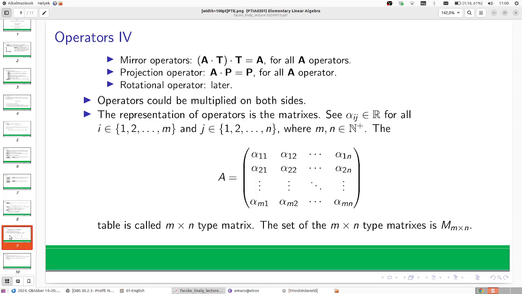Here m and n are 3 and 3, so it's a cubic matrix. That's quite simple stuff. So you have numbers here, and this is the definition. But this is not that.